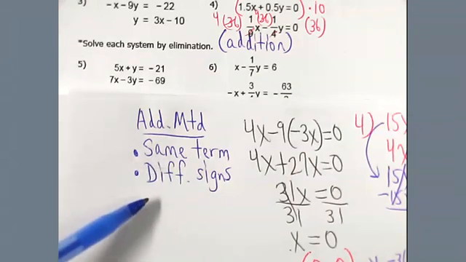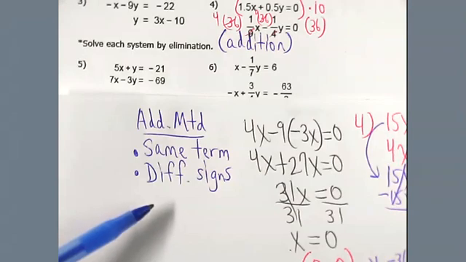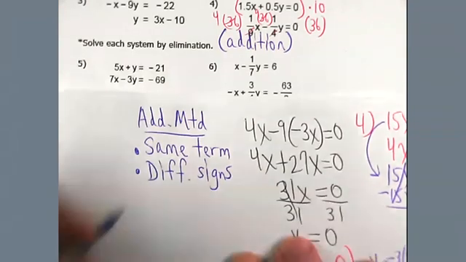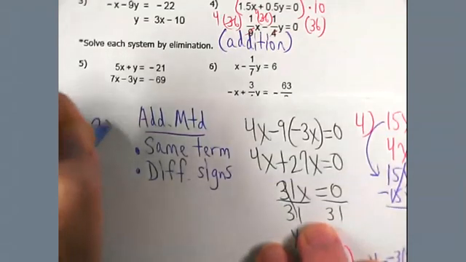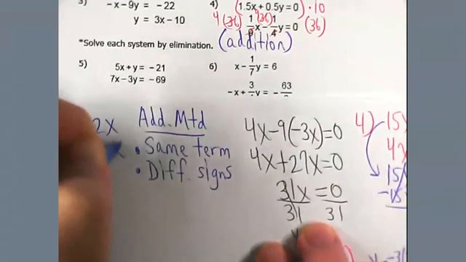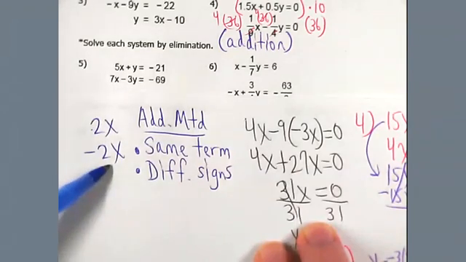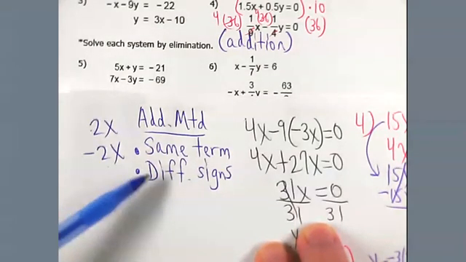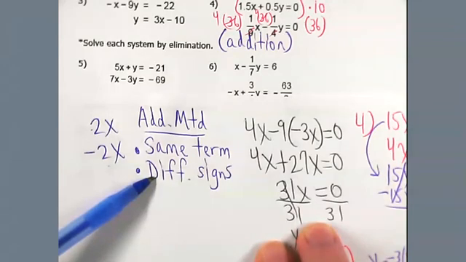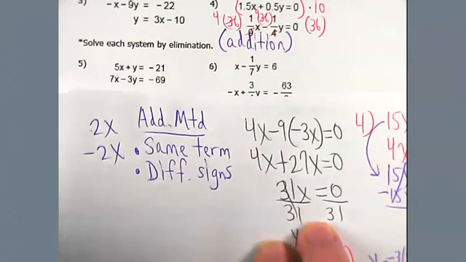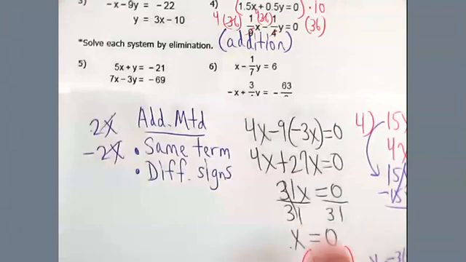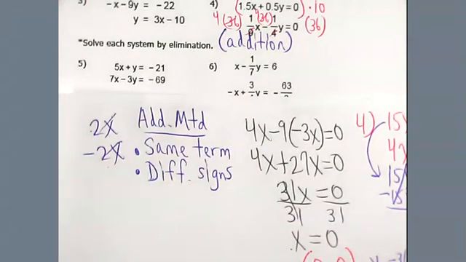And they must have different signs in order to eliminate or cancel them out. For instance, the pair 2x and negative 2x, you have the same term, they're both 2x, but they have different signs where you can cancel them or eliminate them. So that's what I mean by same term, different signs.